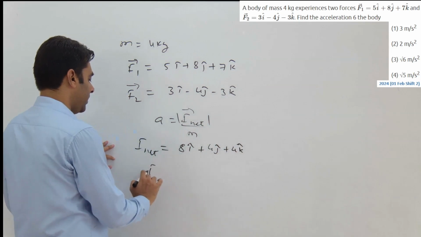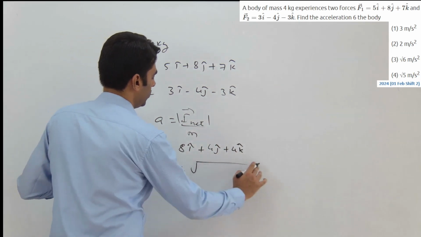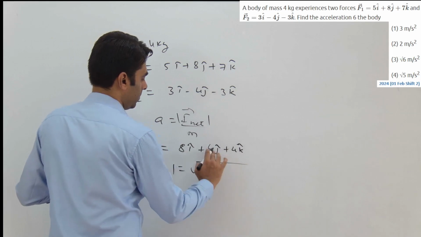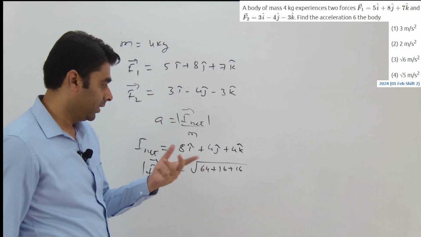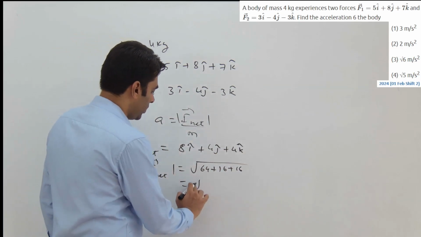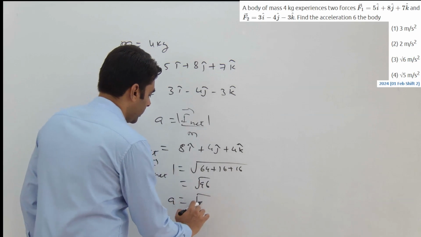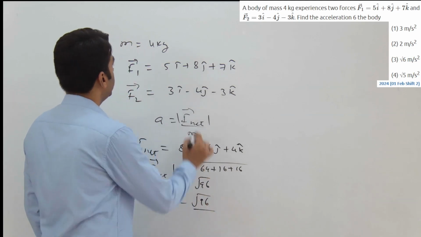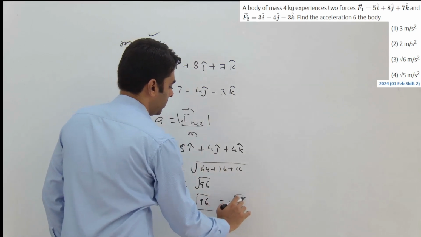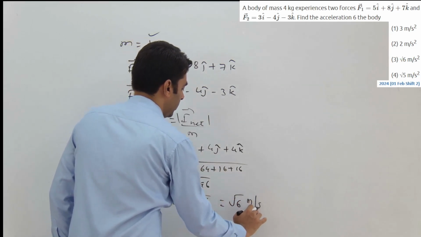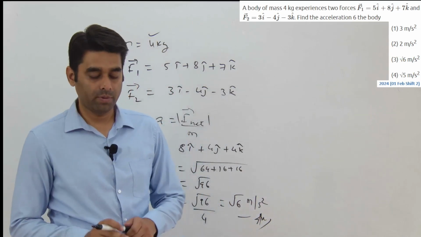So F net magnitude will be root over 64 plus 16 plus 16. I hope it is okay, right? This will come out to be root 96. So acceleration is root 96 divided by mass, which is your 4. When we simplify this, our answer will come out to be root 6 meter per second square, right? Simple question. I hope it's clear.